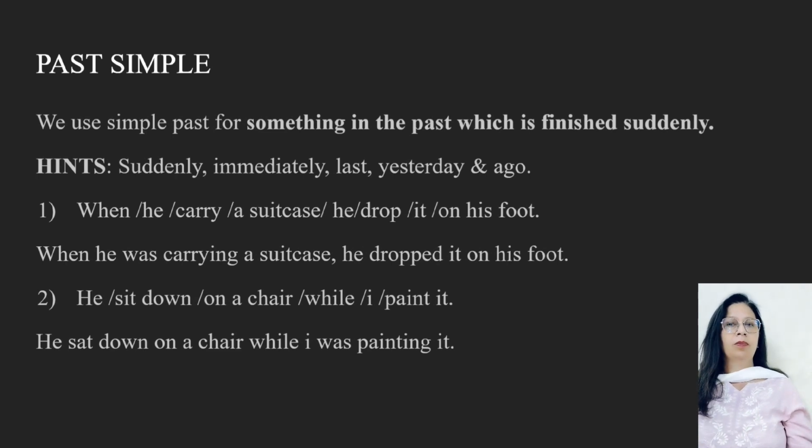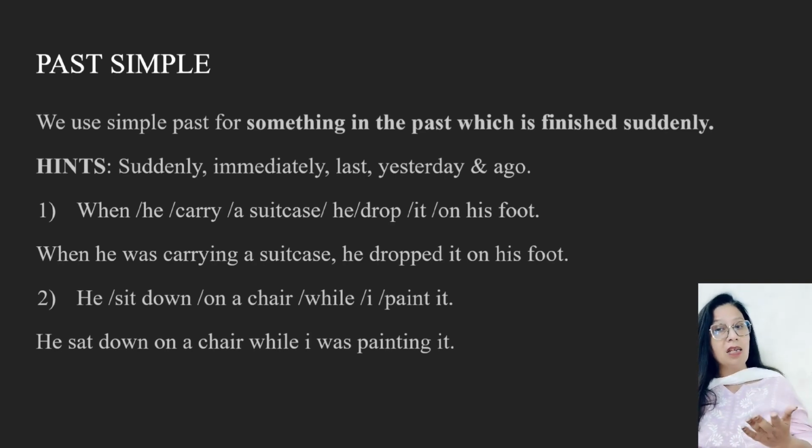Okay? Now, let us come to the past simple tense. Past simple tense means the action that was completed in the past and it has no effect on the present. Sometimes hints are given, like ago, suddenly, immediately, last, yesterday.